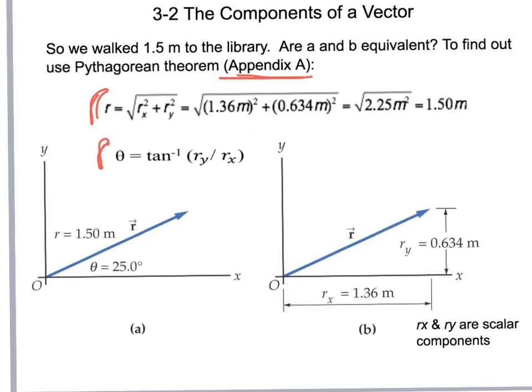So typically our vectors are always going to give us either the magnitude and the direction, or the components. When we're given the magnitude of the vector and the direction, the direction is always going to be theta. It's always going to tell us the directional part. And again, theta is always with respect to x.